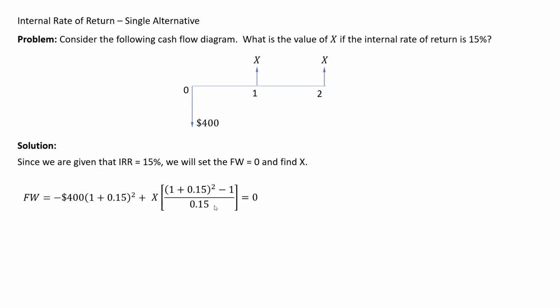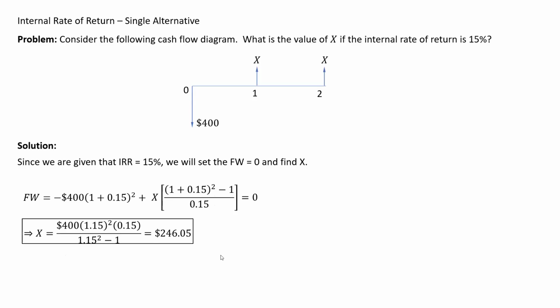Present worth would have another (1 + 0.15)^2 in the denominator, but since we are looking at the future, we won't have that. Now it's just a matter of solving for X, a simple calculation. And that turns out to be $246.05. Cool? Good. That's a nice simple problem to get our feet wet.